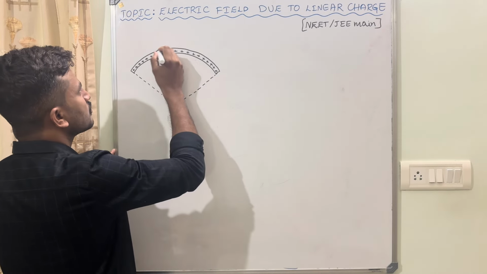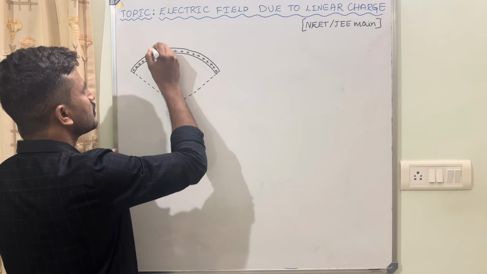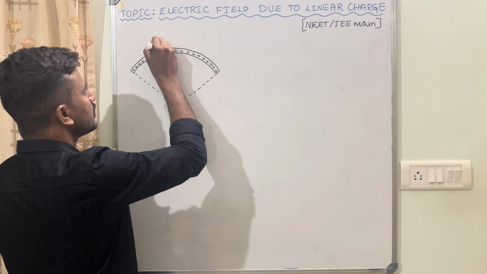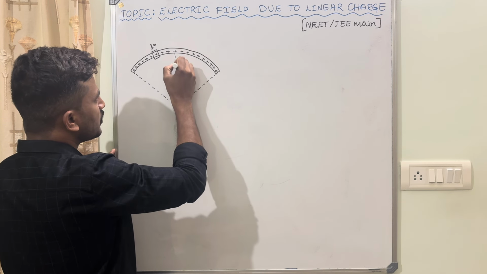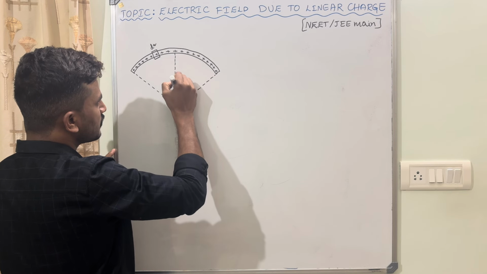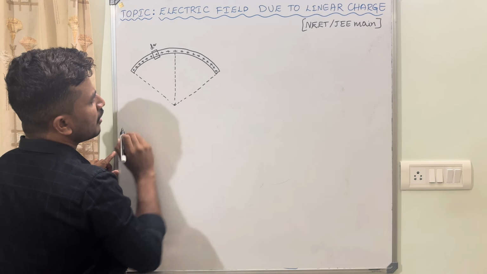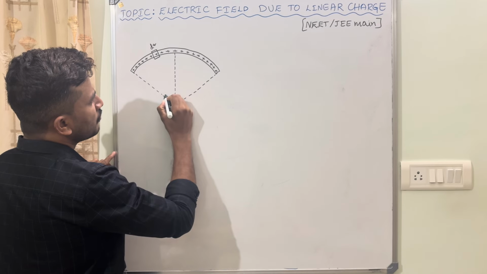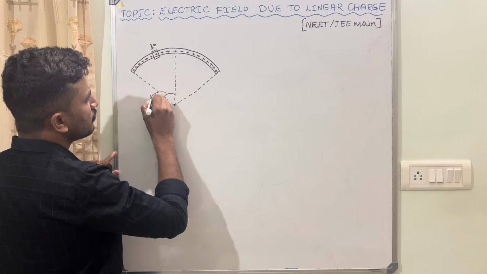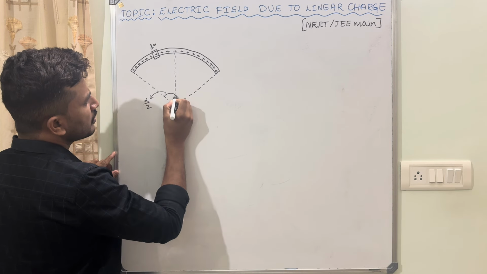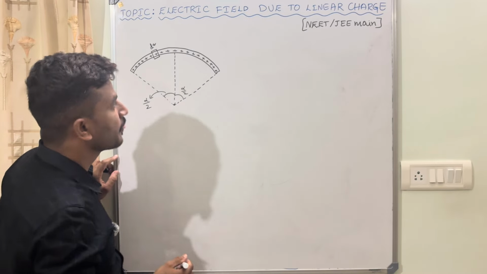If I consider a small charge element dq, I will divide this wire into two equal parts. The total angle is alpha. Half of the angle is alpha by 2, this is alpha divided by 2 and this is alpha divided by 2, total is alpha.